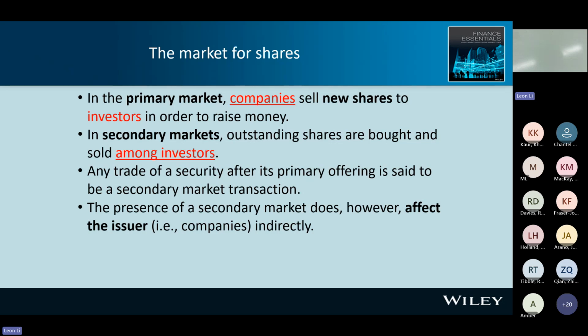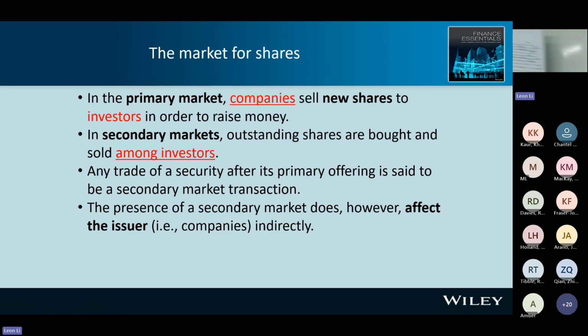In the secondary market, outstanding shares are bought and sold among investors. In the secondary market, the company will not receive money. However, the presence of a secondary market does affect the issuer, that is the company, directly.